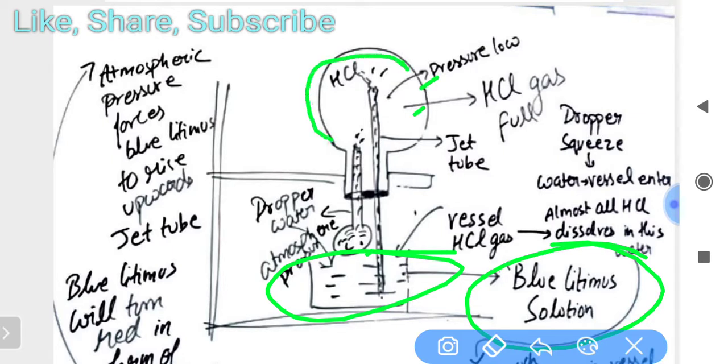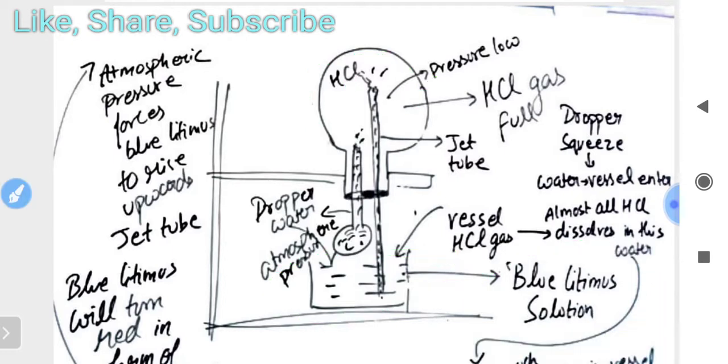So you can easily understand that in this tube, the blue litmus goes upside, but here the color of that litmus turns to red. It means the gas is there, and there is a scarcity of volume. Volume also goes down, and pressure also goes down in this tube. So that's why you can tell by two things.